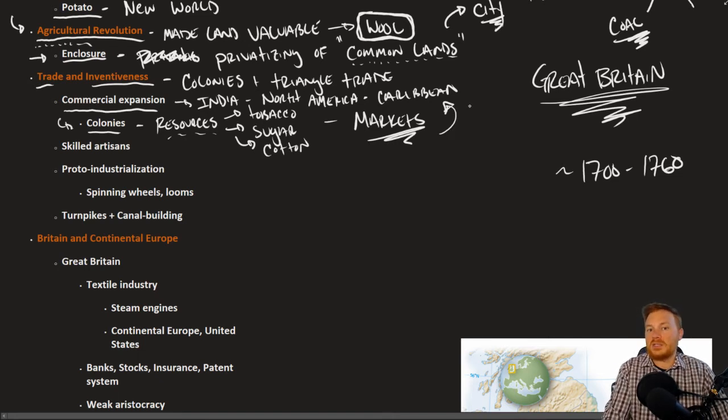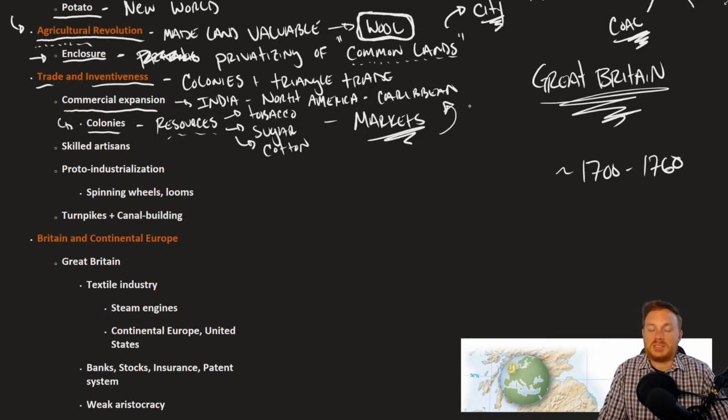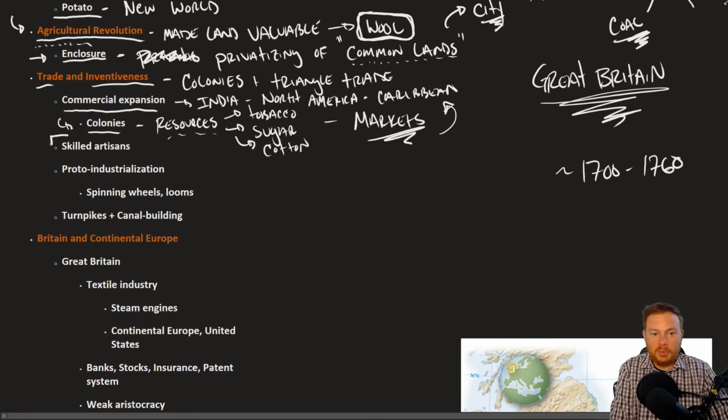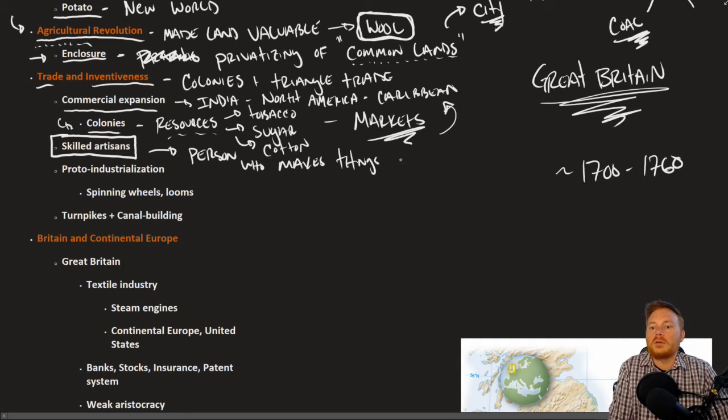And that gave England an incentive to produce, especially things like porcelain, for example. Textiles are a big thing. Many people living in the British colonies produce resources, but also require, or want, I should say, goods. Now, typically up until that point, all goods were made by skilled artisans. A skilled artisan is a person who makes things with their hands, right?